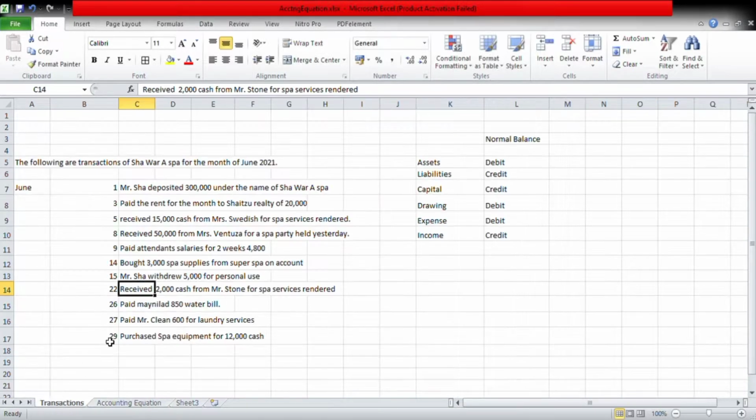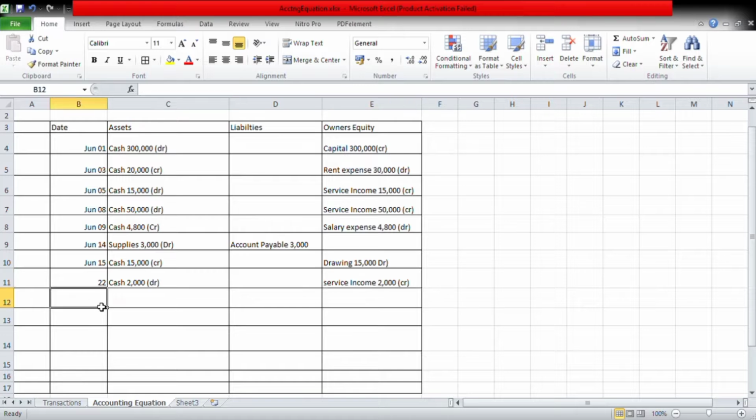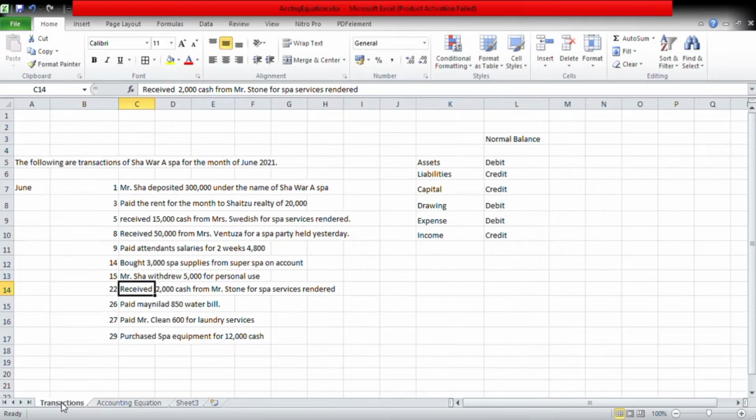Next, June 26, paid Manila 850 for the water bill. This is for water bill, lights or telephone. We will write it under utilities expense. Cash, how much is our obligation to Manila? 850 pesos.